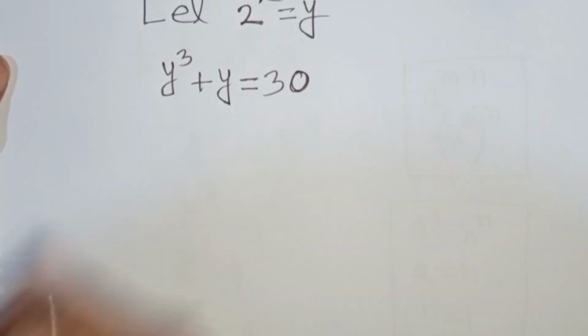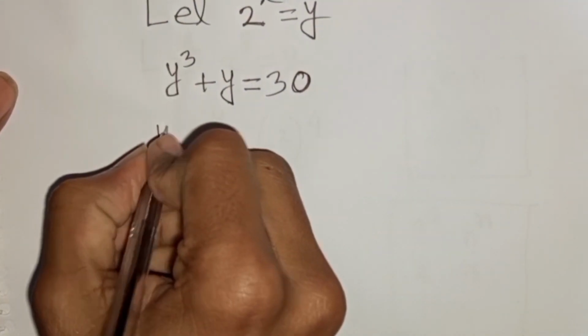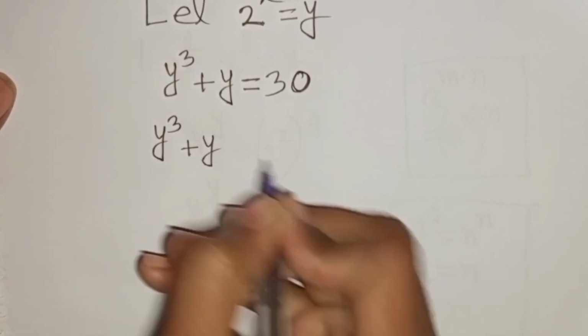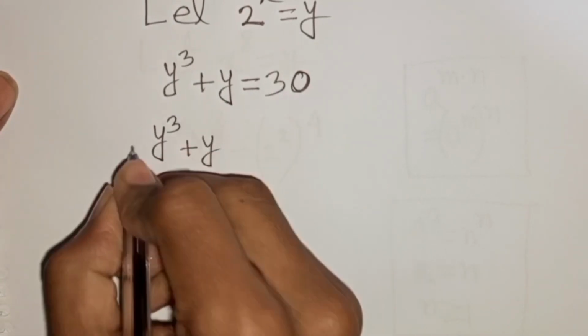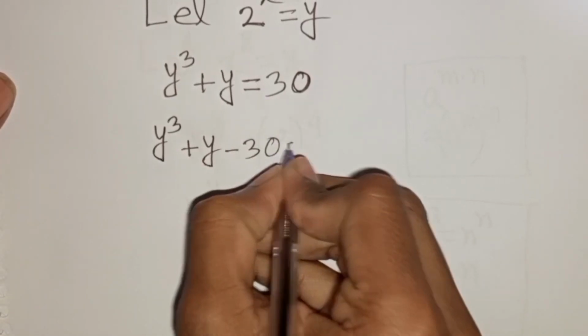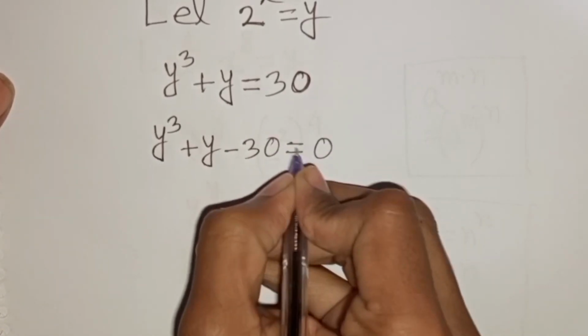Now I can write y cube plus y, then this 30 taken to the left side will be minus 30, is equal to 0.